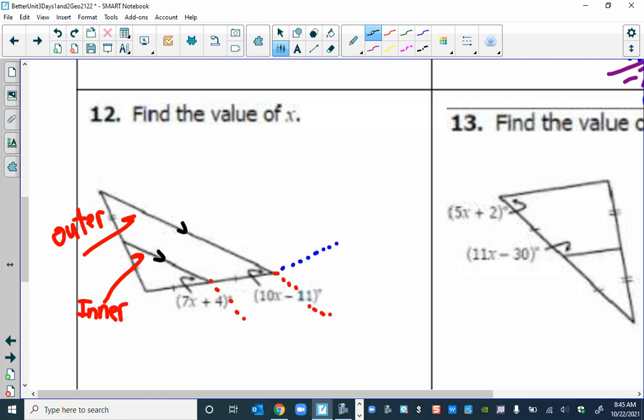Let's just take this part right here. So let's pretend this edge didn't exist, and you just had these two parallel lines. And then we're talking about this angle and this angle.